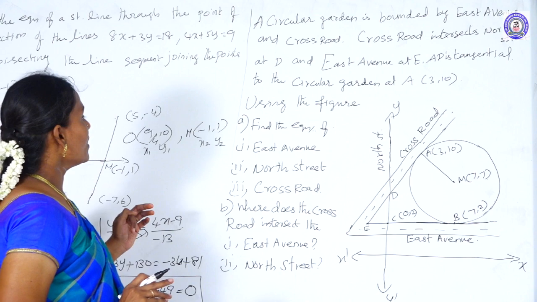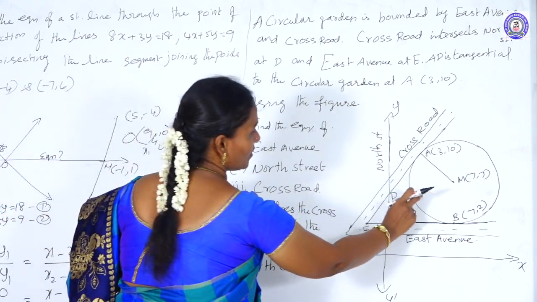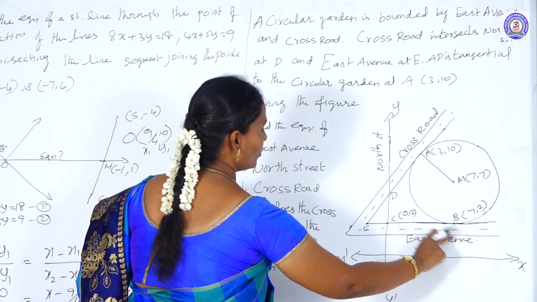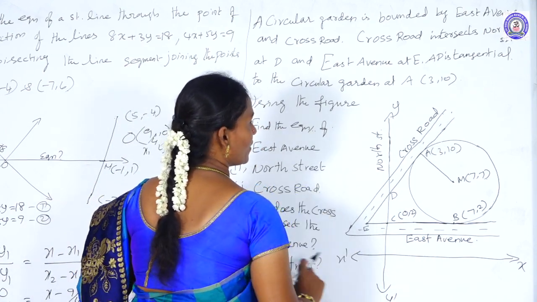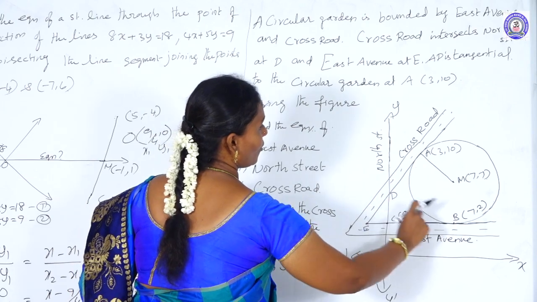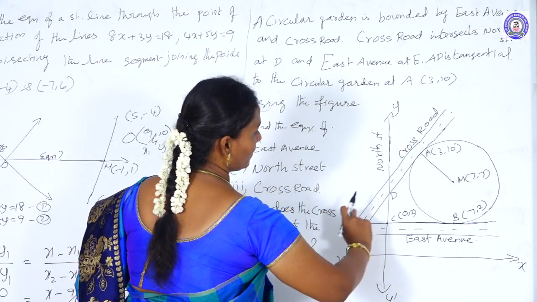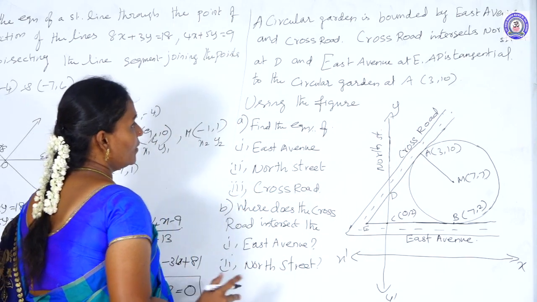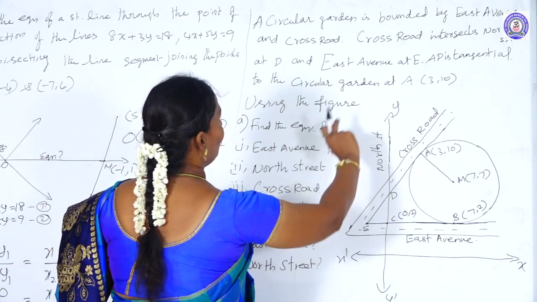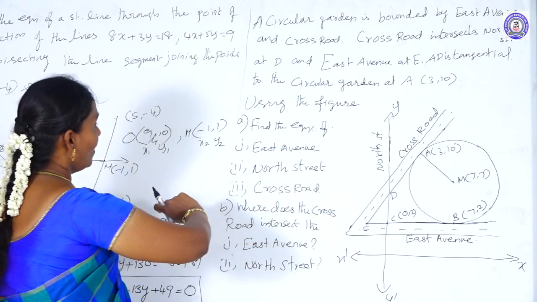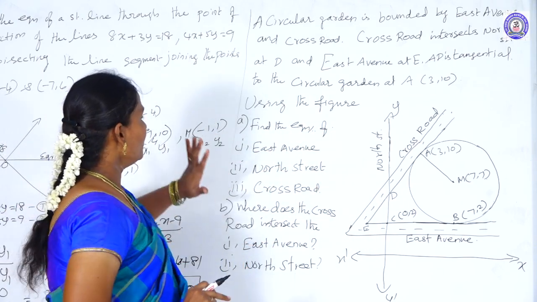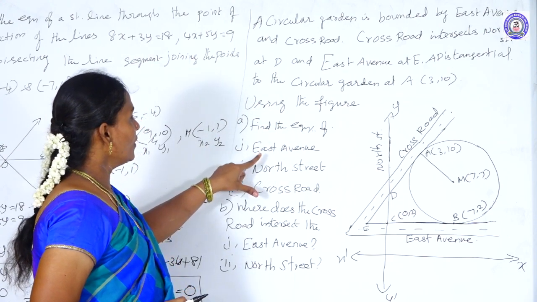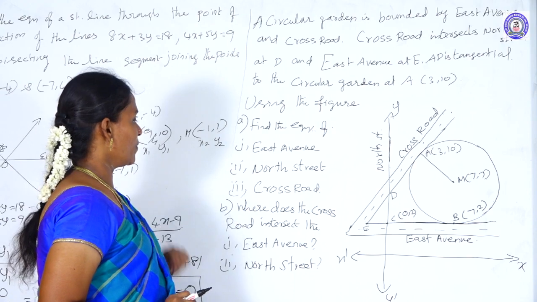Using this figure, here is the East Avenue. This circular garden is bounded by the East Avenue and a crossroad. Using this figure, you have to find the equation of East Avenue, North Street and Crossroad.